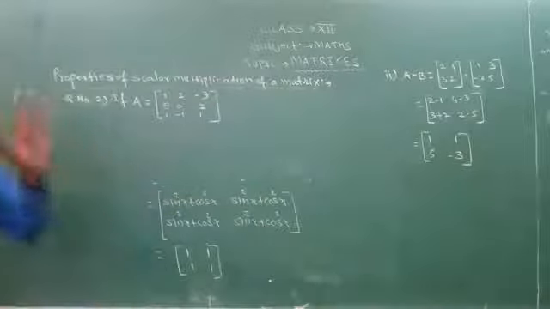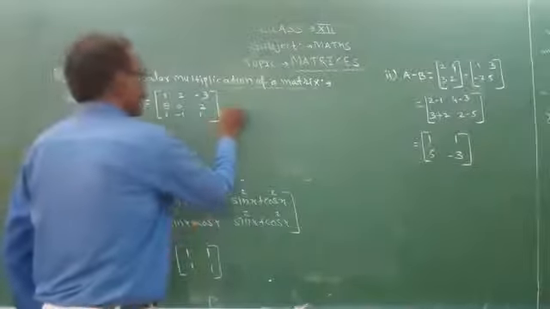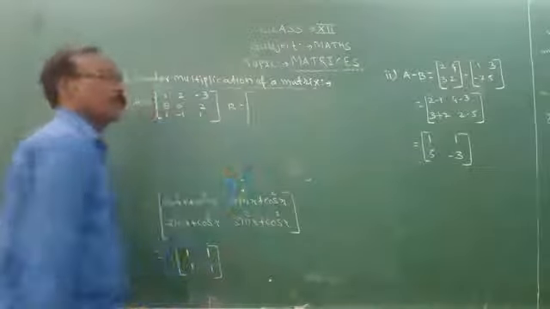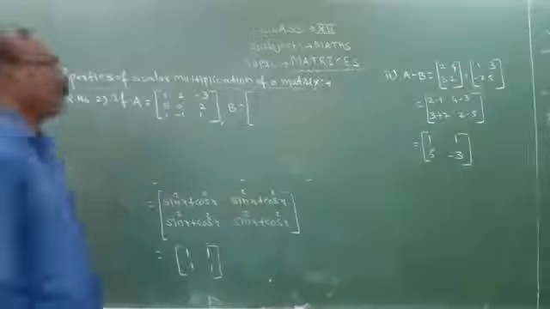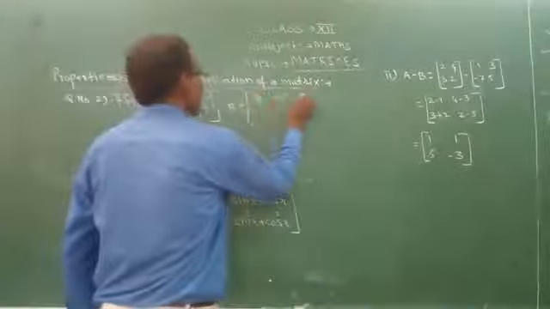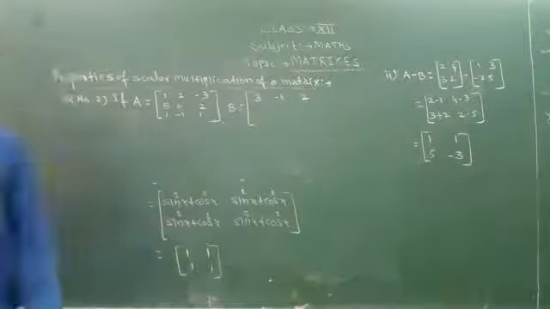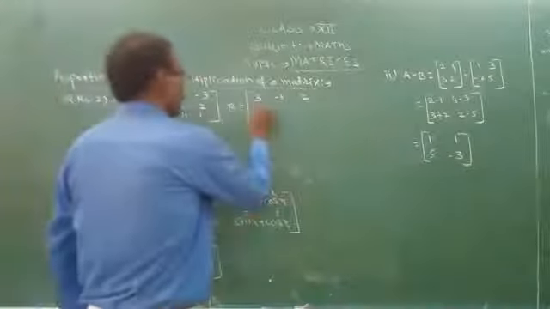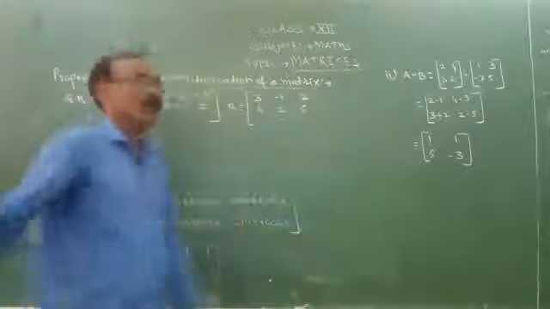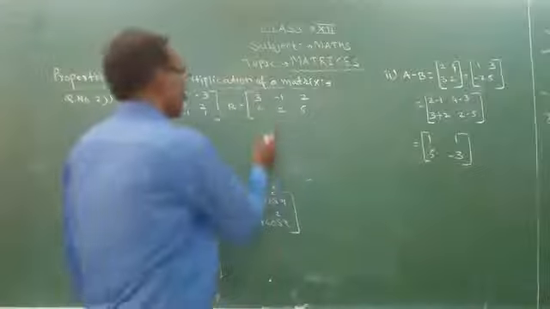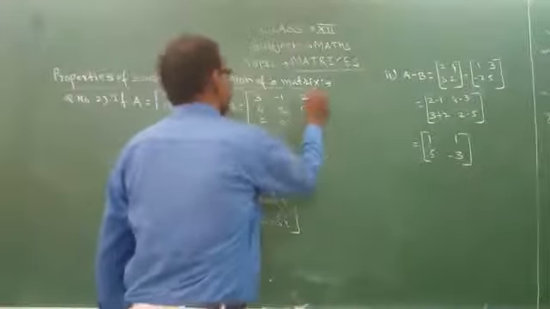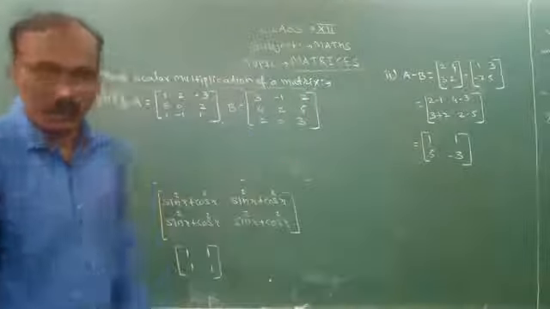This is our first matrix, A. Then take another matrix, B, equal to first row 3, minus 1, 2, then 4, 2, 5, and third row is 2, 0, 3. So these are our two matrices.